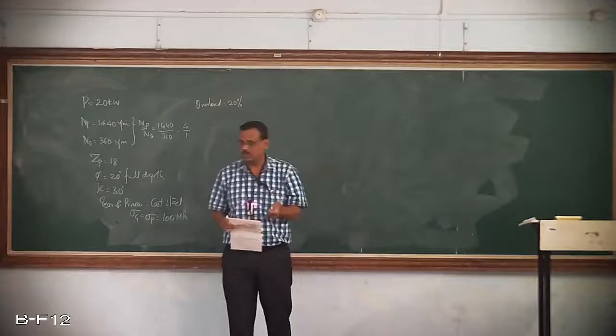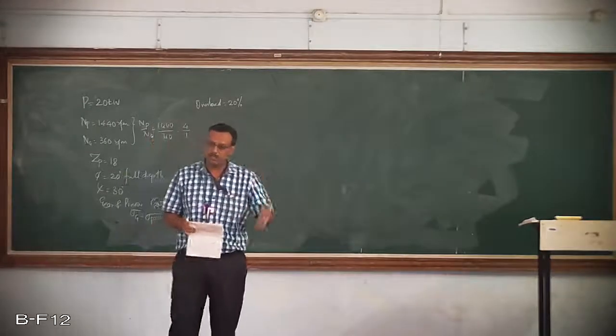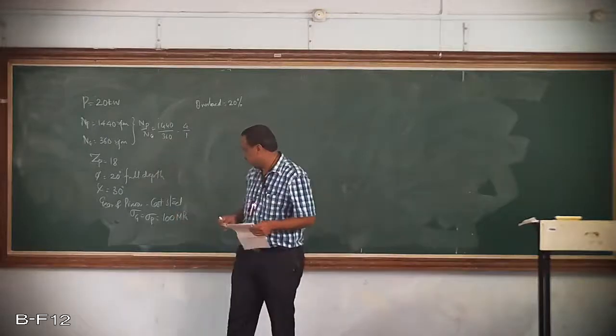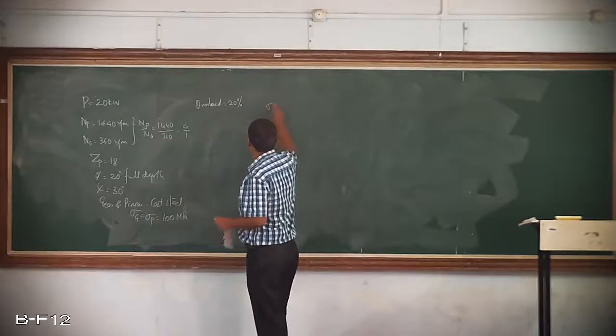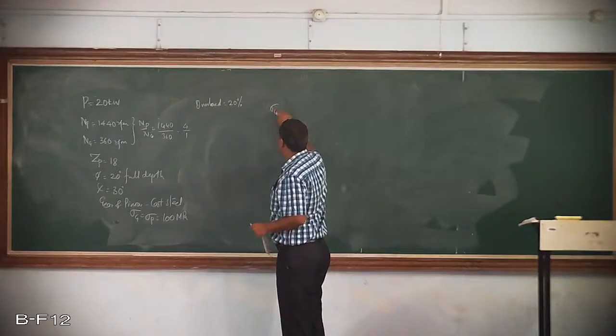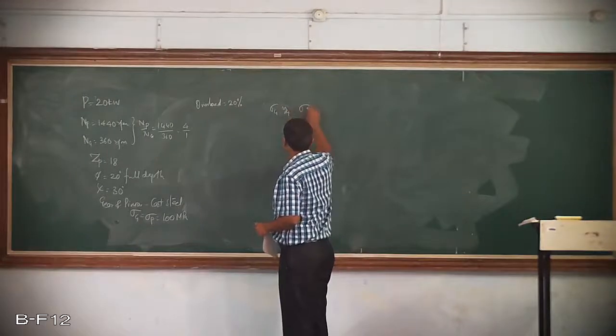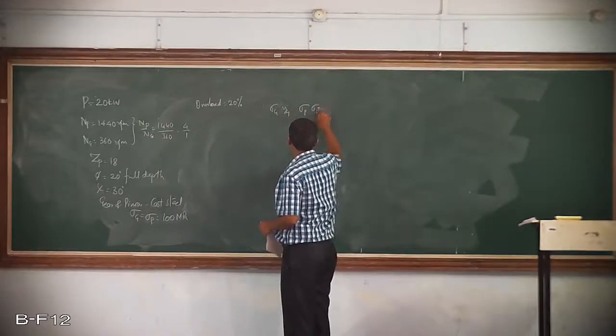Find out both the values and check which is the weakest, and we need to proceed with the weakest part. What I am comparing is sigma of gear into y of the gear, and sigma of pinion into y of the pinion.